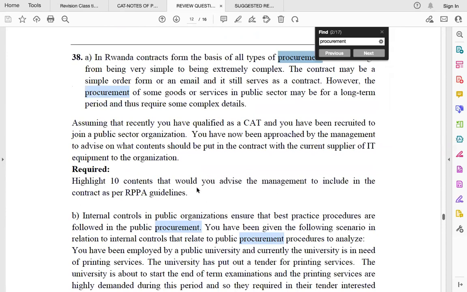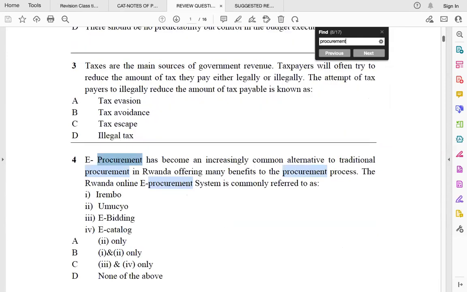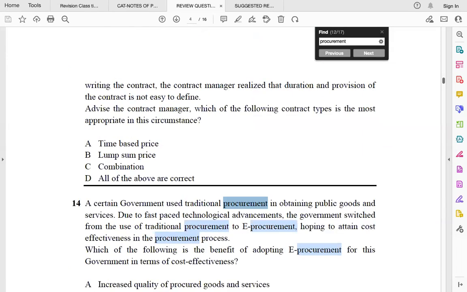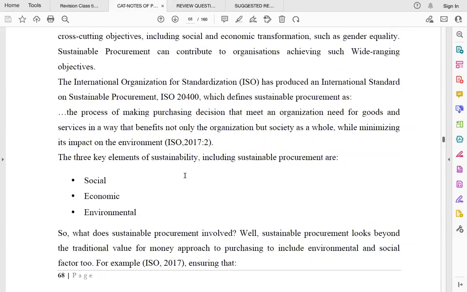Ten contents that the contract manager should include in the contract as per RPP guidelines. Is it this one? No, it is not. They are referring to the content of a contract.